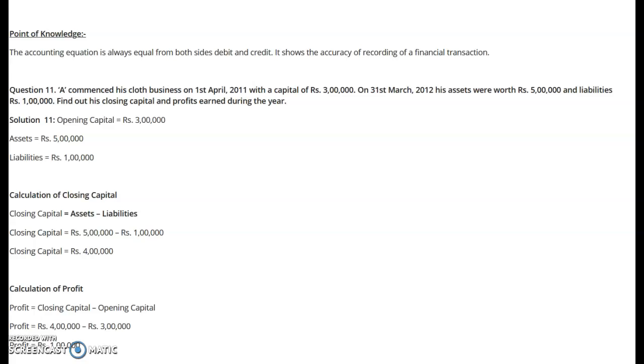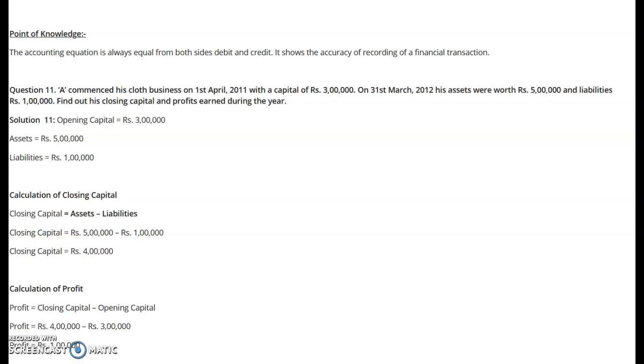Very simple rule is there that if you have been given the opening capital balance and the closing capital balance, and during the year there is no addition to the capital and no drawings, then you have to compare the opening capital and closing capital.